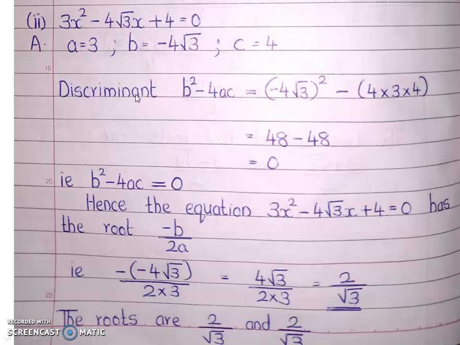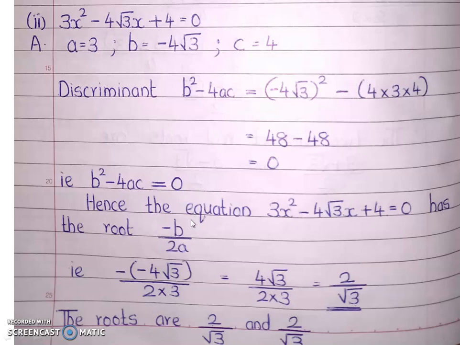Find the discriminant. B square minus 4AC equal to minus 4 root 3 the whole square minus 4 into 3 into 4. Here you will get 48 minus 48. That is 0. B square minus 4AC equal to 0.